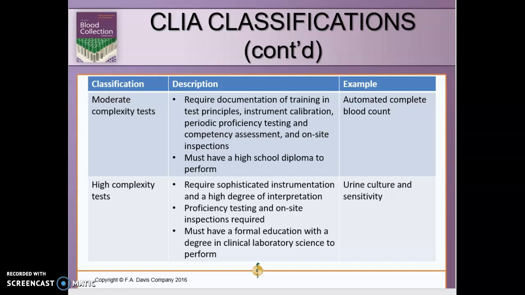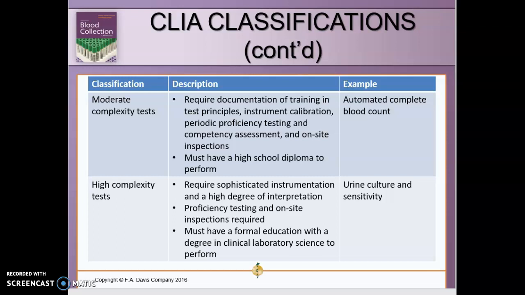And then we have our high complexity, which requires sophisticated instrumentation and a high degree of interpretation. Proficiency testing and on-site inspections are required, and we must have a formal education to perform this test. An example of this test is going to be urine culture and sensitivity.